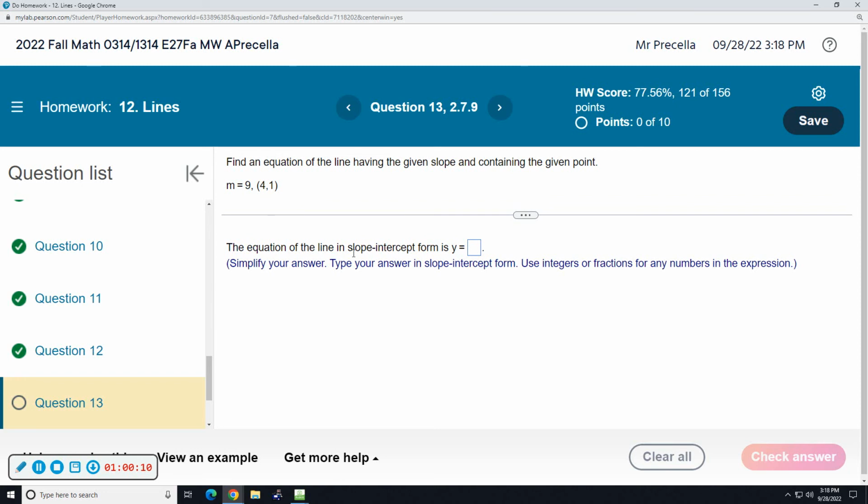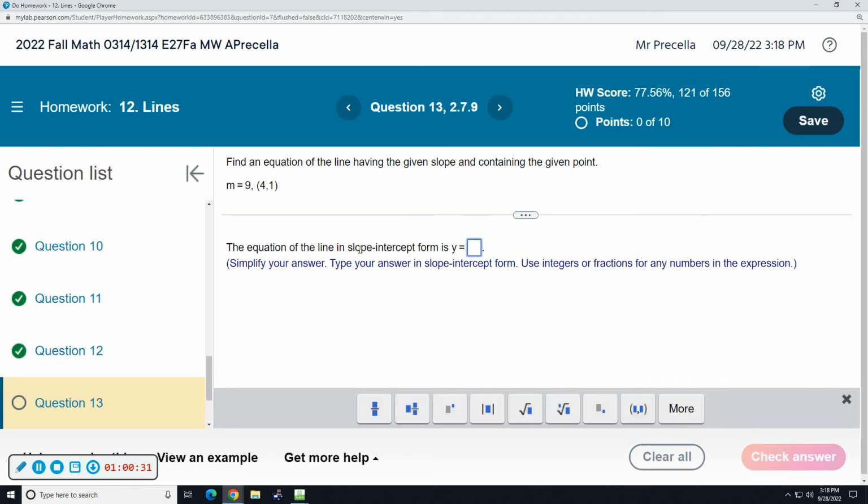Our answer here is going to be an equation. So our answer should be y equals mx plus b. Our answer is an equation in slope-intercept form. What's m? 9.